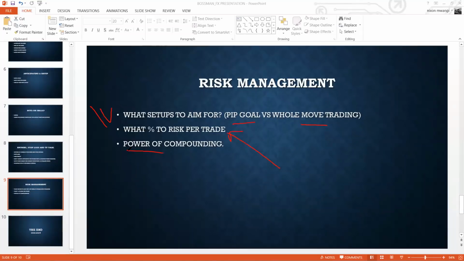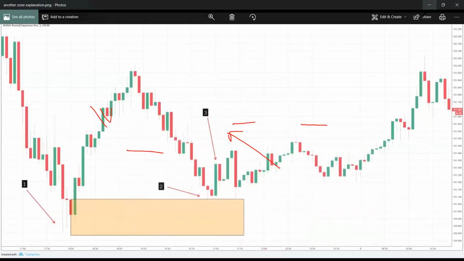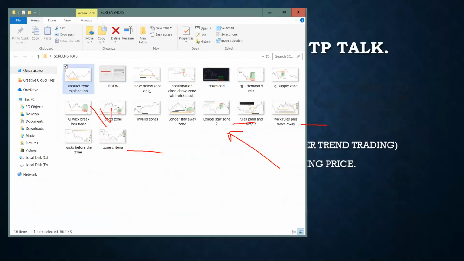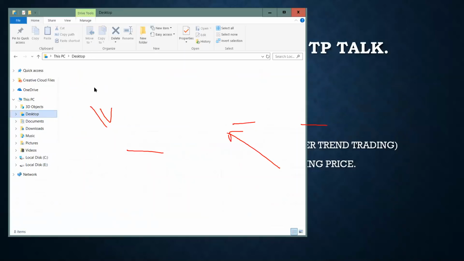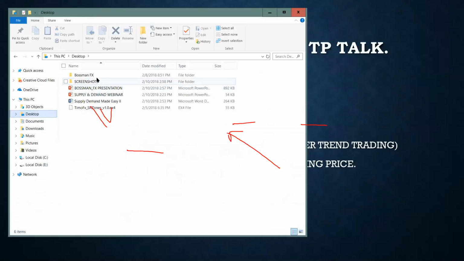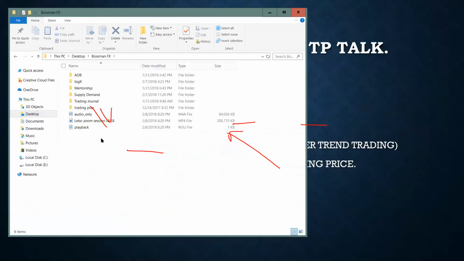So in the power of compounding, let me open a document real quick, so that you guys can understand what the power of compounding means. Where is it? Desktop. Trading, supply and demand mentorship.